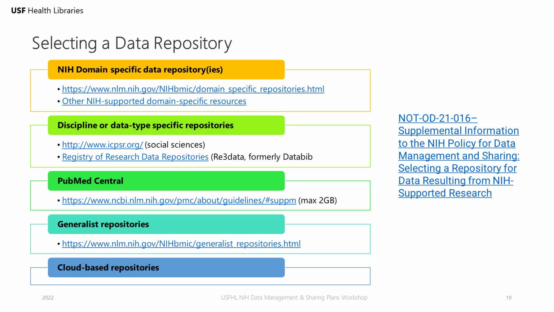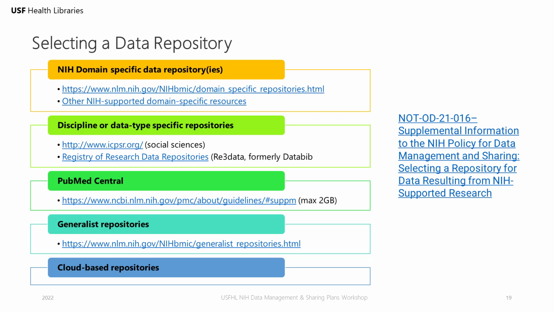If there is no appropriate discipline or data type specific repository available, we should consider other potentially suitable data sharing options. These could include small data sets, up to about 2 gig in size, that can be used as supplementary material to accompany articles submitted to PubMed Central.